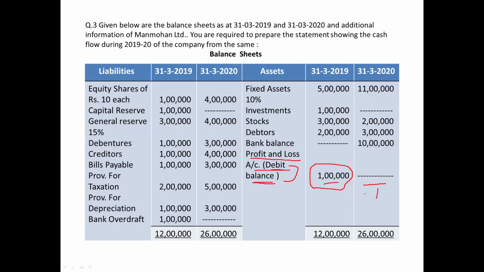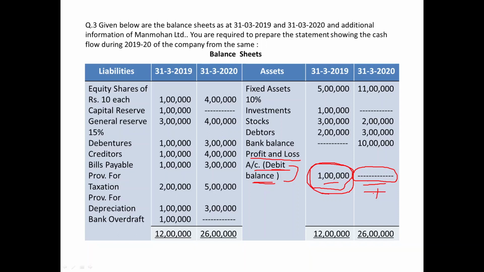Yes, that is true. In the current year, that is 31st March 2020, the company has earned a profit of rupees 1 lakh, though over here it is not visible, it is a nil balance. But the company would have earned a profit of rupees 1 lakh in the current year, and that is why the debit balance, the loss balance of the last year, which was rupees 1 lakh, has been wiped out and became nil.